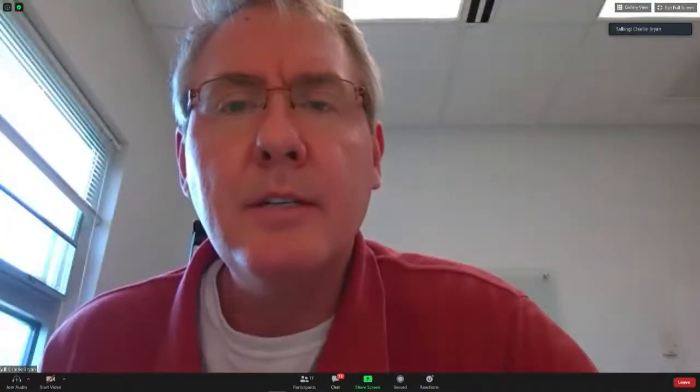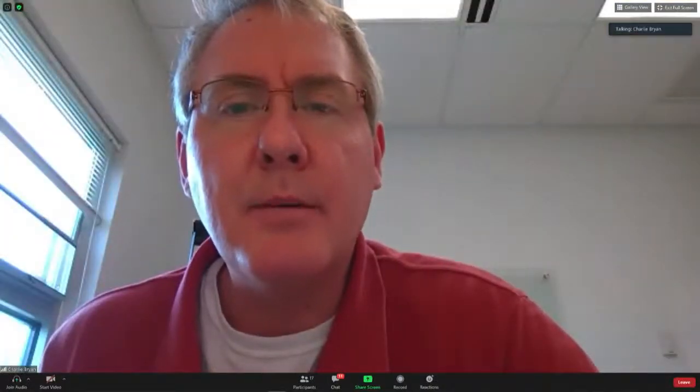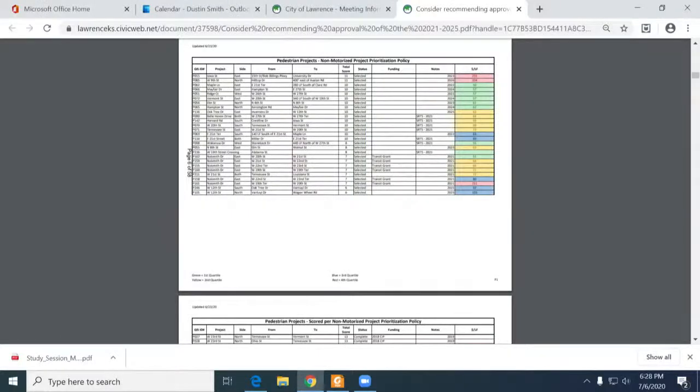Okay. So anything that's in that column that refers to CIP, CR, or SRTS, CDBG, those are kind of all funding sources outside of the funding that we're addressing. Yes, that's correct. Okay, thank you.